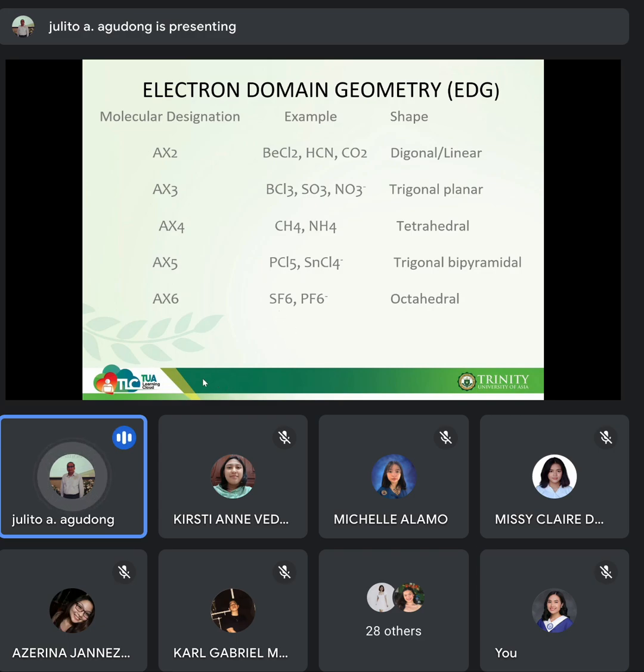AX6, the 5th electron domain geometry. The shape is octahedral, and the molecules that exhibit such electron domain geometry are sulfur hexafluoride and phosphorus hexafluoride.